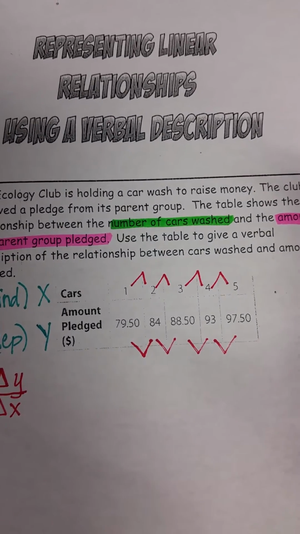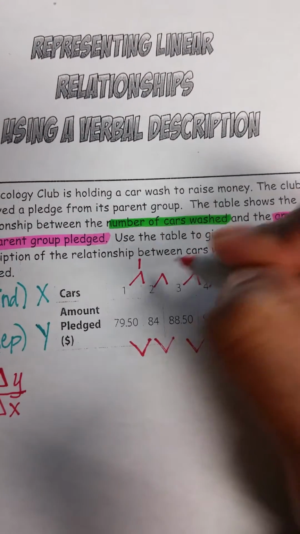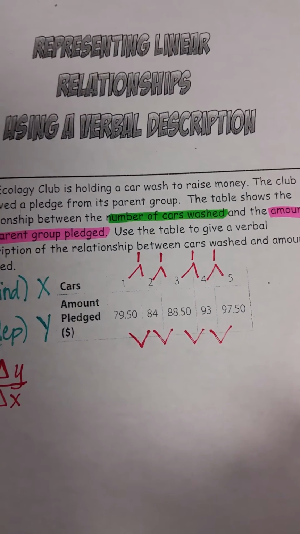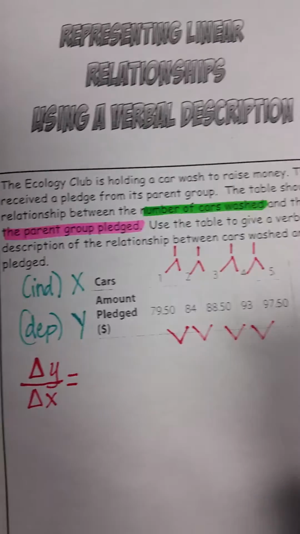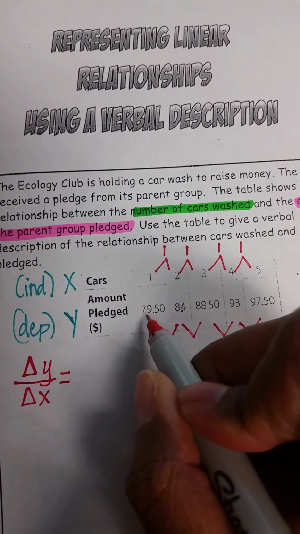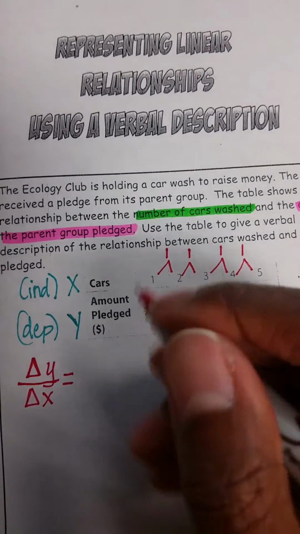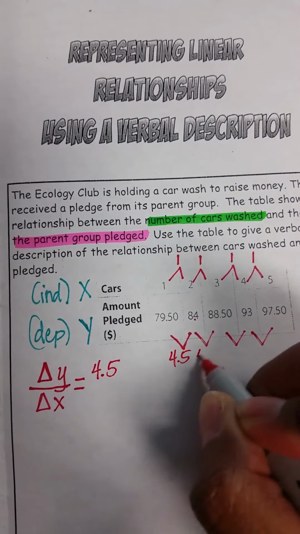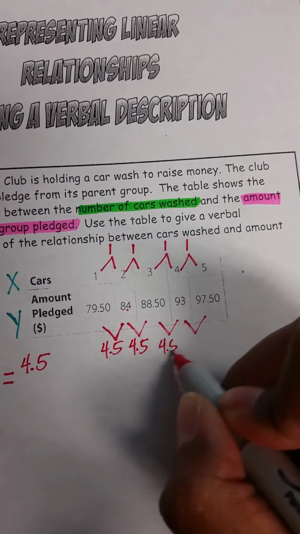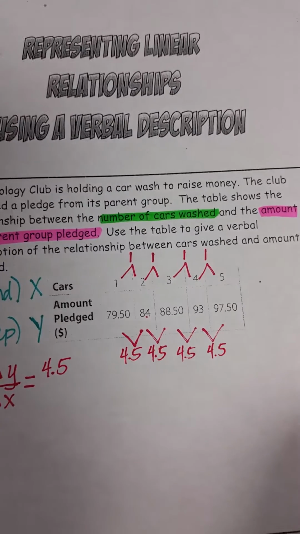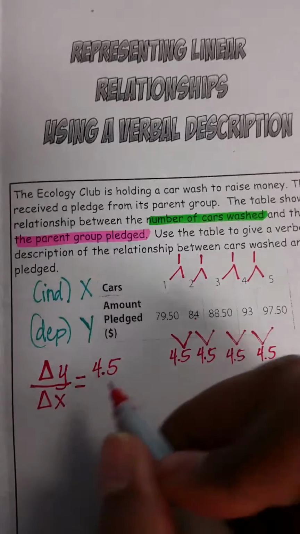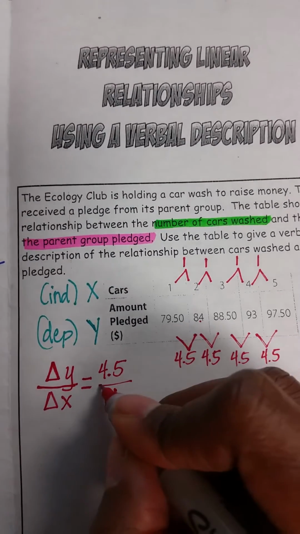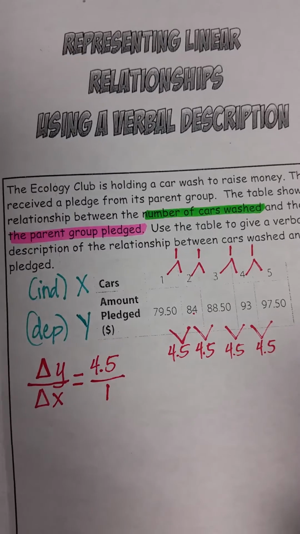Our change in x is pretty easy to see because we get from 1 to 2, just going up by ones. Now if I do 84 minus 79.5, I get 4.5. So 4.5 is my change in y, and my change in x was 1. So my slope or rate of change would be 4.5.